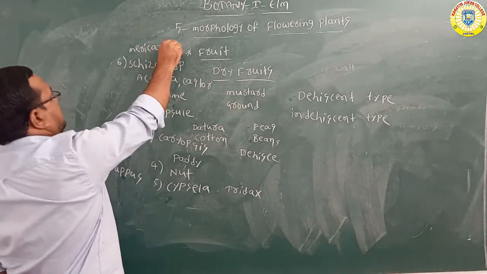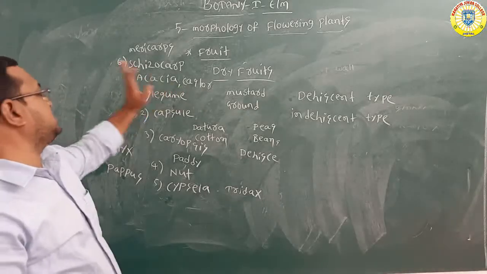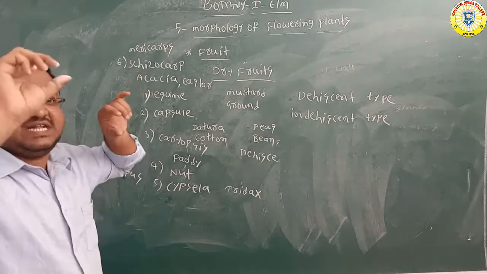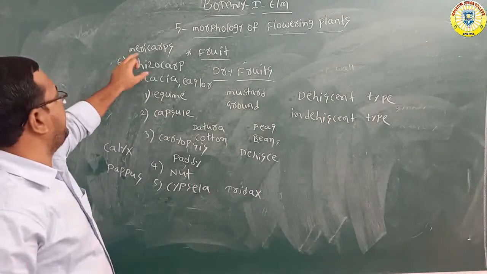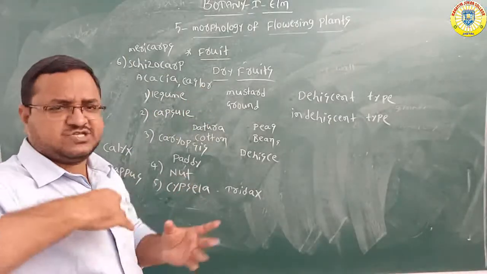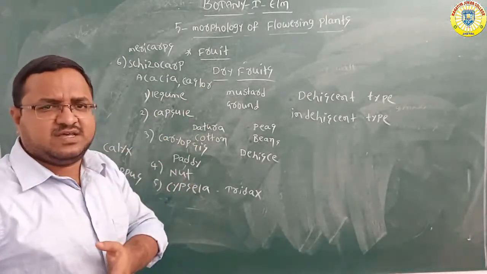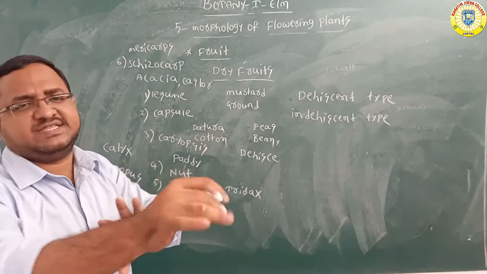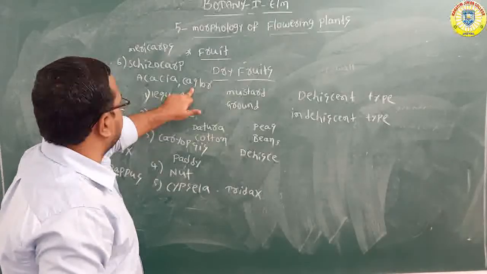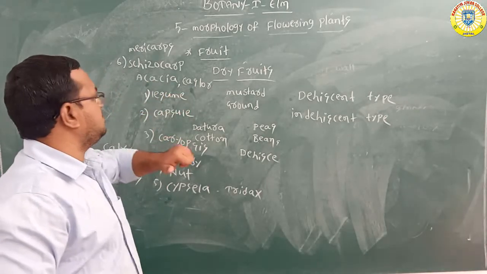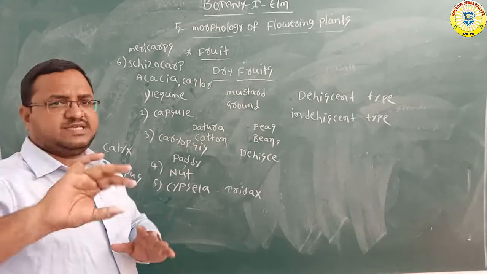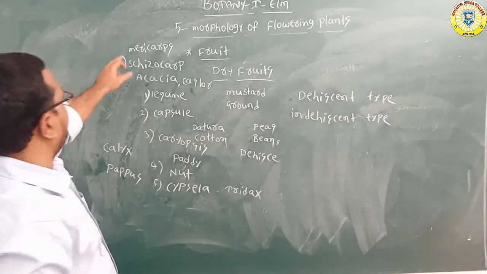Mericarps. Especially in Acacia and Castor, they split into one-seeded bits. Each one-seeded bit is called a mericarp. Mericarp means so many small fruit-like structures are there, and each small fruit-like structure has a seed inside.